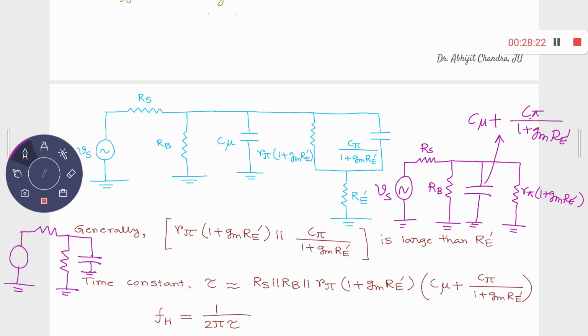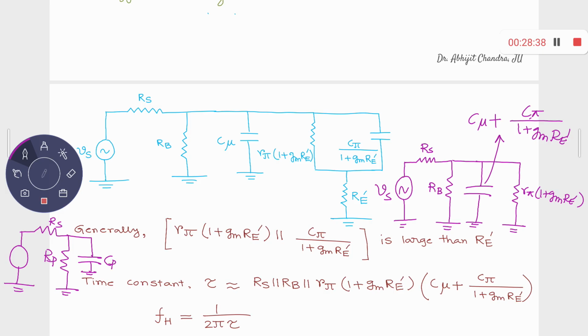And these two resistances RB and R pi into 1 plus GM RE prime, they are in parallel, so you can find out the parallel combination that will give you the RP value. Eventually that was your RP, that was RS, and this is CP. So same form, RS, RP, CP.